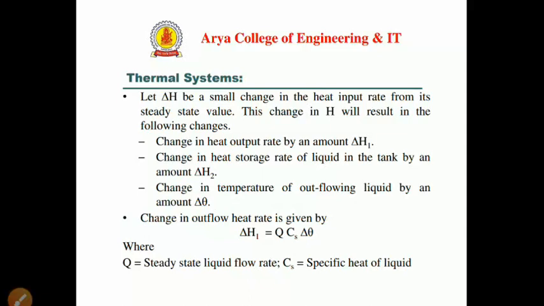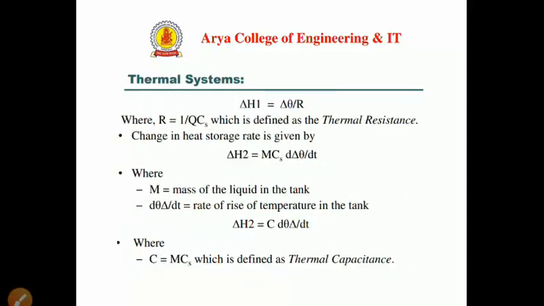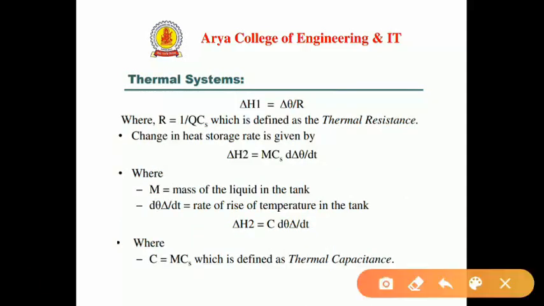So the change in output flow heat rate can be written as delta H1 equals Q Cs delta theta, and Q Cs can be replaced by 1 by R, where R is thermal resistance, and then we have delta H1 equals delta theta upon R.